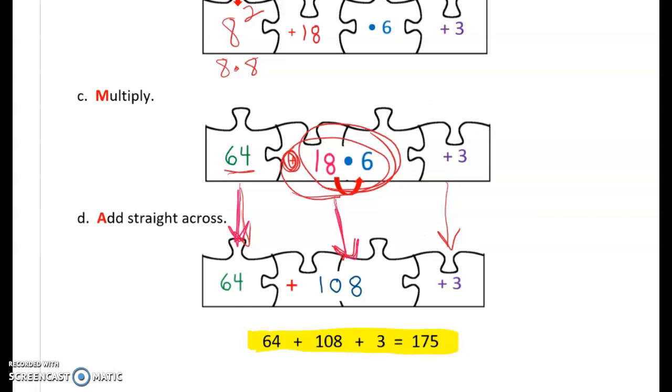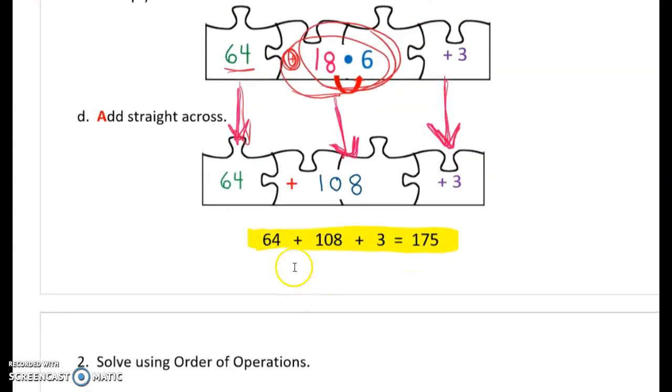This becomes 108 because 18 times 6 is 108. And plus 3 I'm bringing down because there's nothing more I need to do with that. So my new equation is 64 plus 108 plus 3, which equals 175. That is solving using the order of operations.